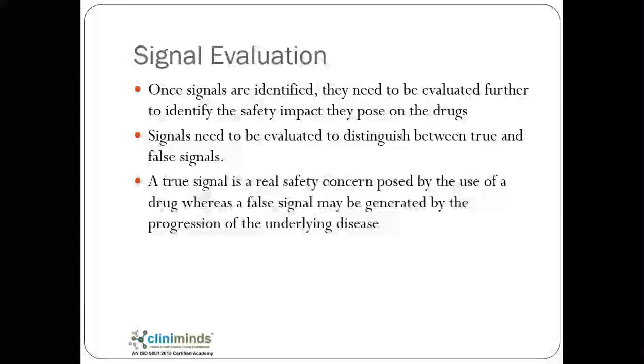Signals need to be evaluated to distinguish between a true and a false signal. A true signal is a real safety concern posed by the use of a drug, whereas a false signal may be generated by the progression of underlying disease or any other medication the patient was taking.